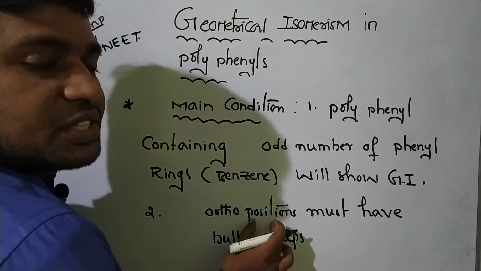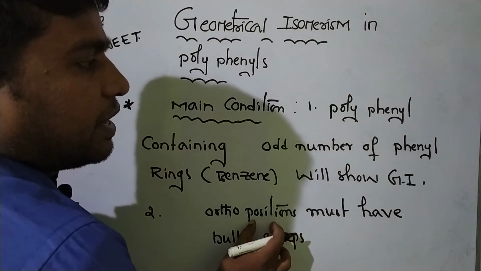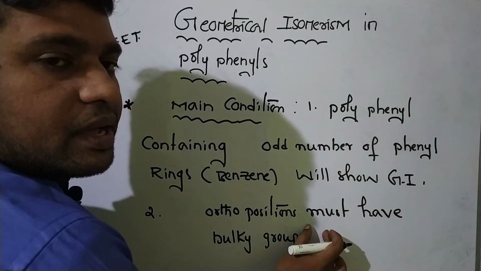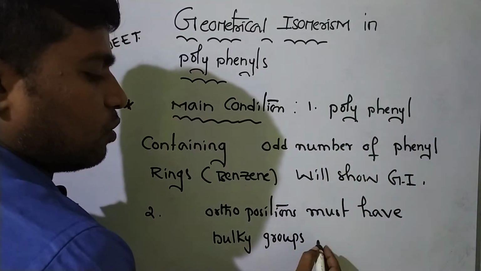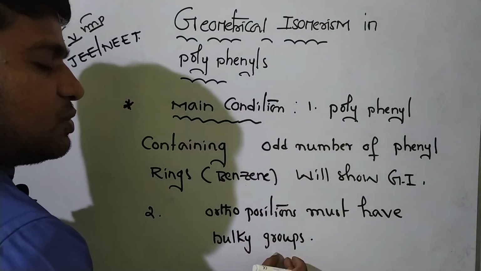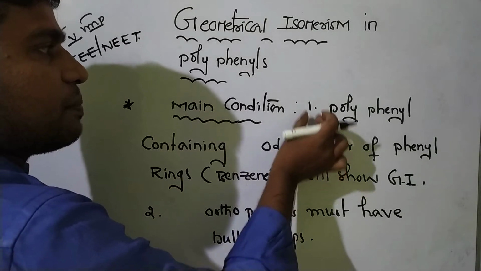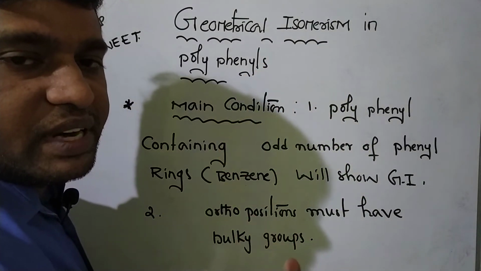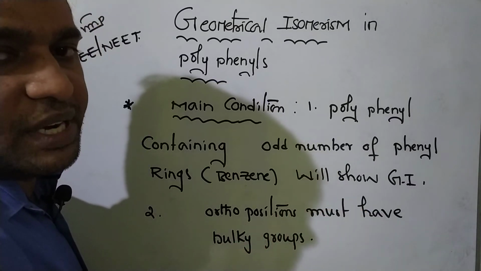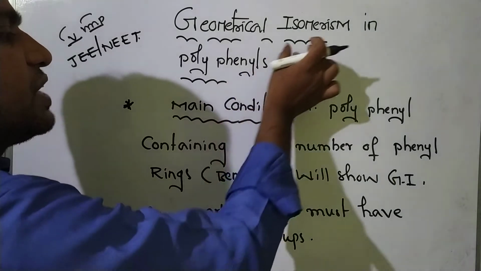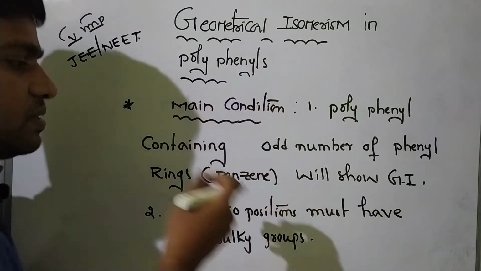The ortho positions in such polyphenol must be occupied by bulky groups. Okay students, so when these two conditions are fulfilled by a given polyphenol, definitely that polyphenol will give geometrical isomerism. Please note these two important conditions for GI in case of polyphenols.